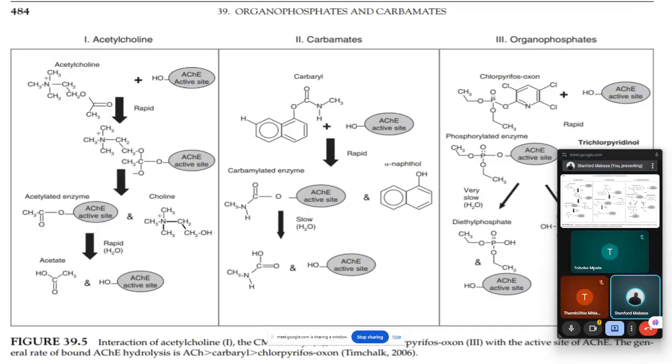The same applies to organophosphates. The first reaction is rapid, but the second one is very slow. And the other one, it's either slow or it may be sort of a permanent feature. So this one will also lead to very serious effects on the pest.